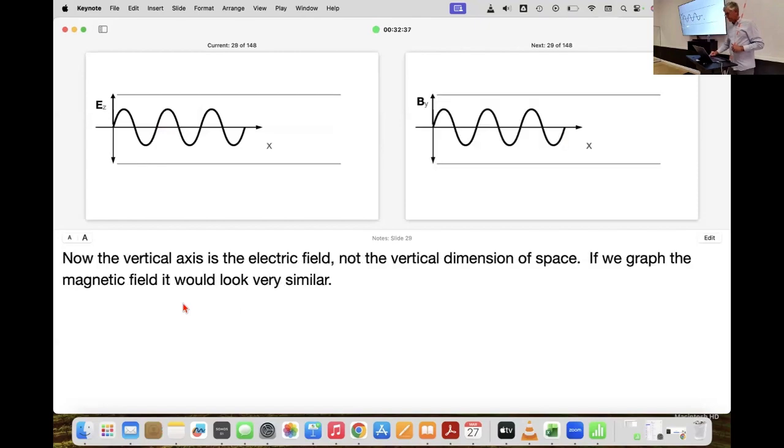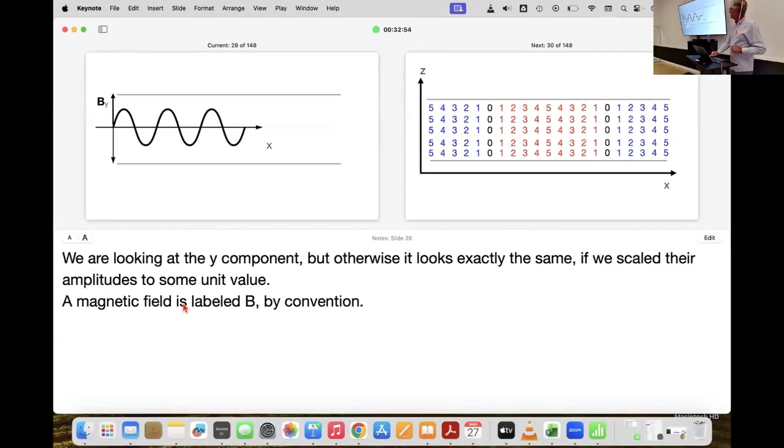And as you expect, here's the sine wave. Again, the y-axis is not a spatial dimension; it's the amplitude of the electric field. And then we have one spatial dimension, x. If I showed you the B field, it would be along the y-axis, but it would look basically the same except for amplitudes.